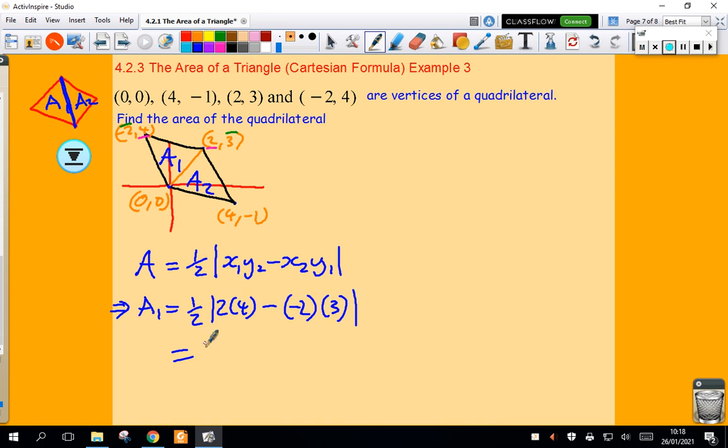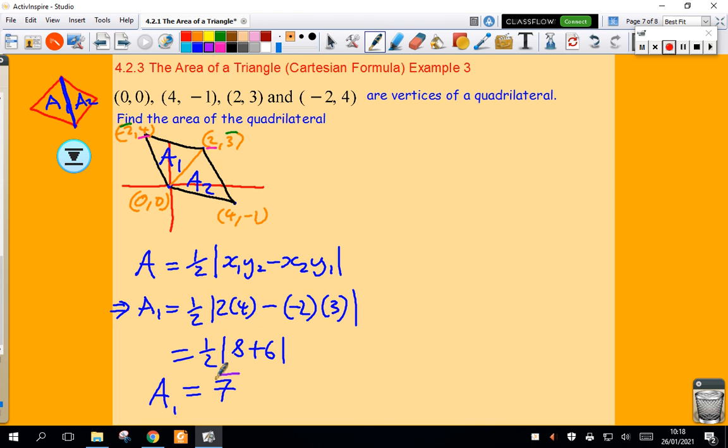But I'm going to just work it by hand here. That's going to be half times 8 here. Then -2 times 3 is -6, but we're subtracting -6, which is the equivalent of adding 6. So I'm going to get a half of the absolute value of 14. You can see, hopefully, that that's just going to be 7. So my first area there is going to be 7 units squared.